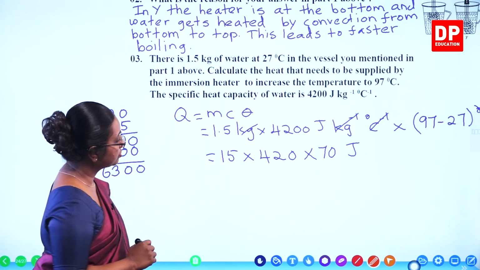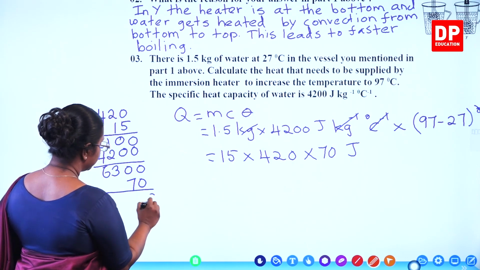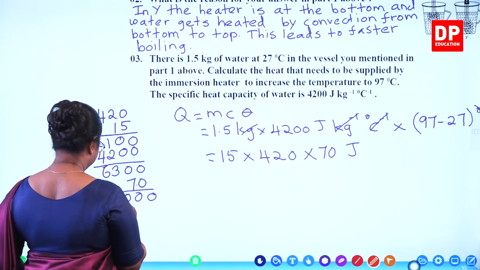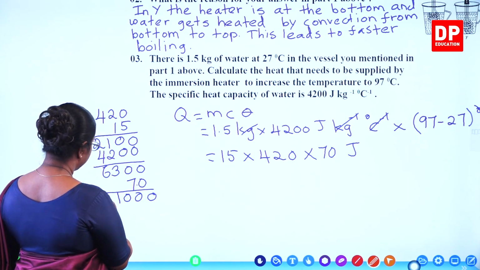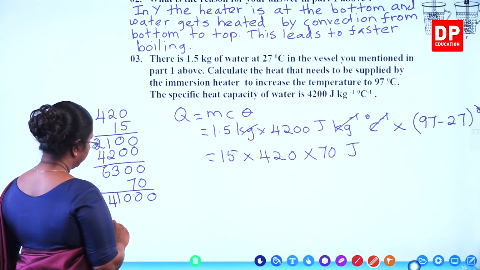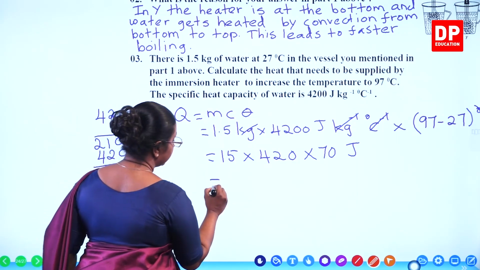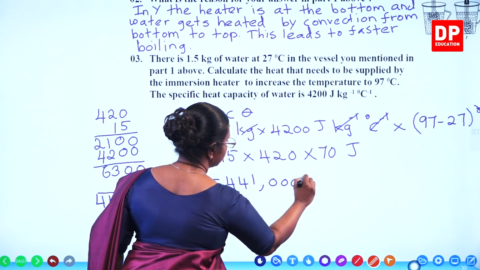6300 into 70. We need to multiply by 70. So the answer here is going to be 441,000 joules.